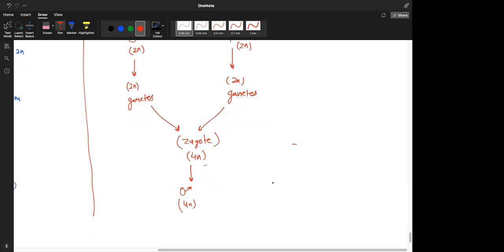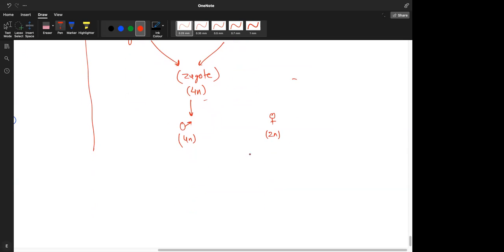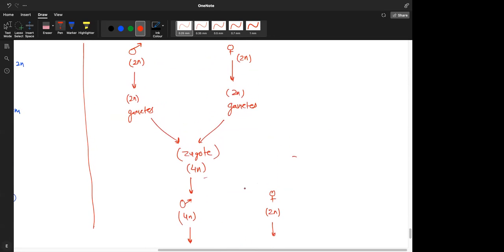Now he can find a female who is 2n or 4n or 8n, depends. Even if he finds a female 2n, again they cannot do meiosis, so his gametes will be 4n and her gametes will be 2n. They will fuse together. The next generation will be 6n. You understand? It cannot happen.